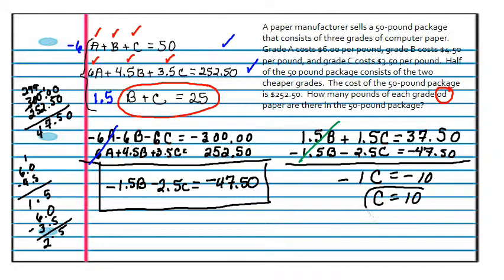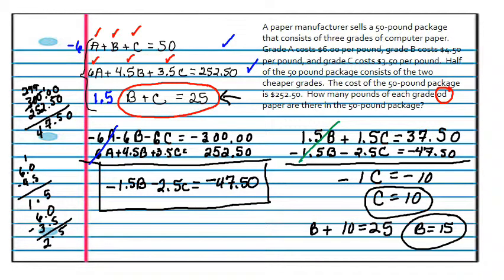Now that sounds good. We should have positive answers, dealing with money and things like that. So I'm going to put it back into either one of my B C'ers, but of course this looks like the best one. So B plus 10 equals 25. Quick minds can pretty much figure out that B equals 15.